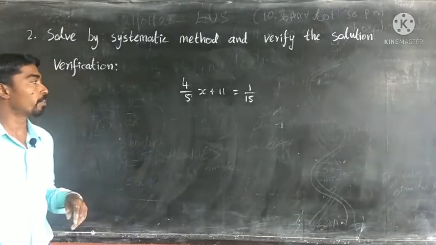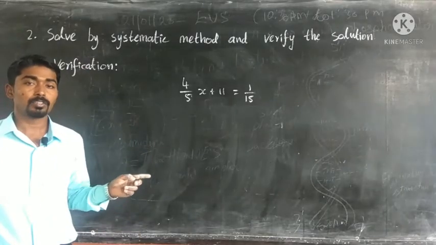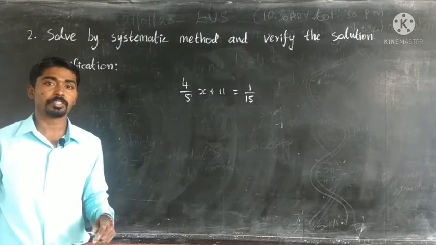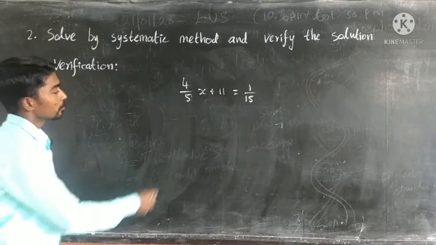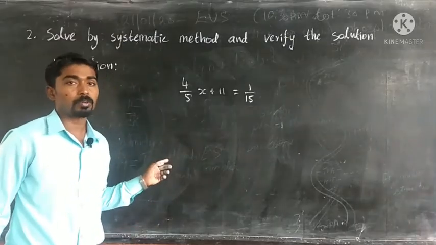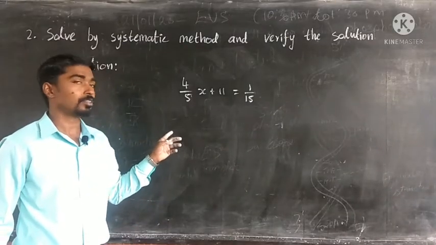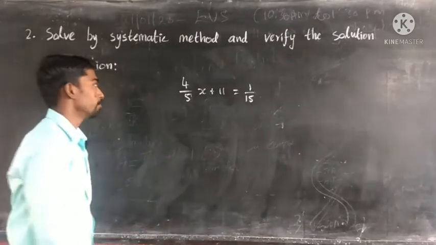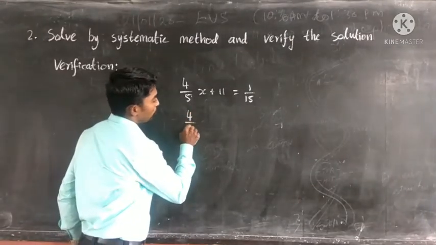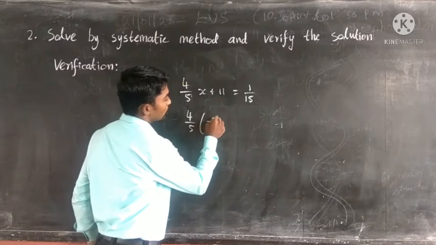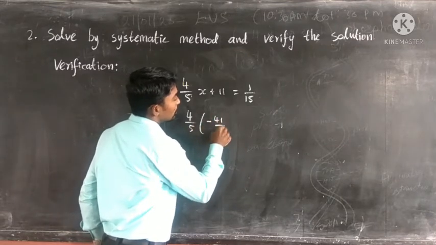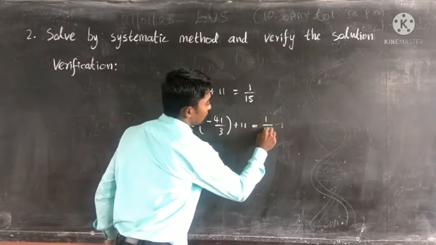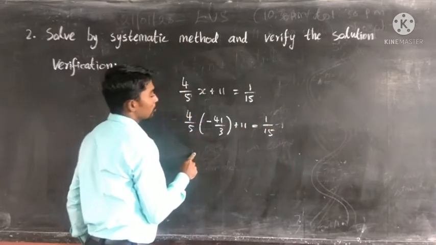Now we are going to verify x is equal to minus 41 by 3 is the solution of the given equation or not. For that we are going to substitute x is equal to minus 41 by 3 in the given equation. 4 by 5 of minus 41 by 3 plus 11 is equal to 1 by 15.